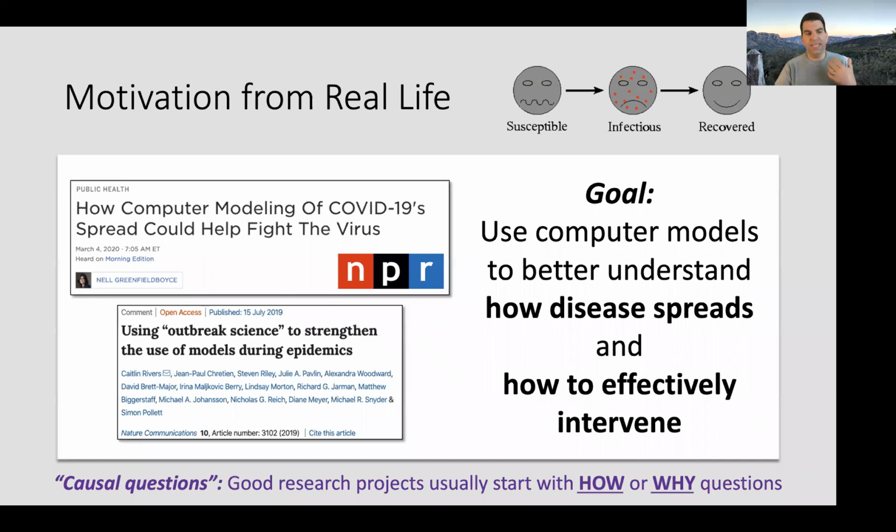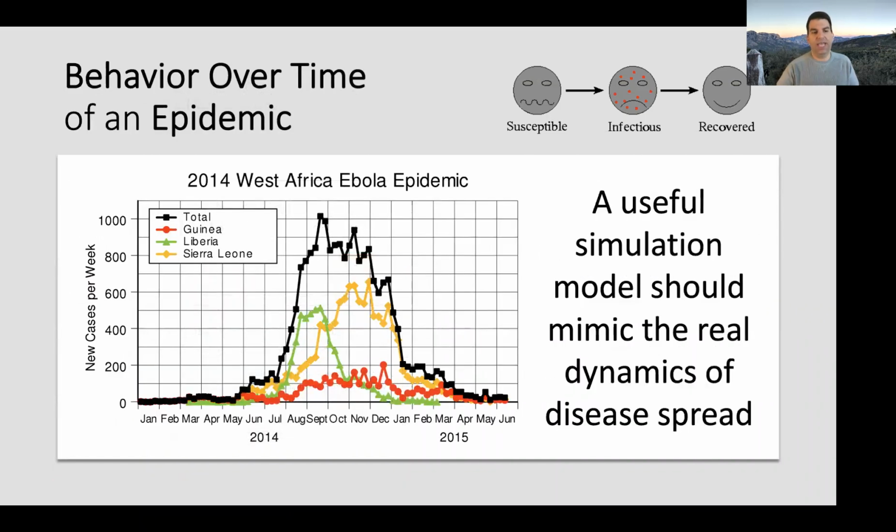If you look at patterns of disease spread, and this is not even COVID, this is the 2014 Ebola epidemic, and there's also Ebola coming out this year, you can see that in different areas of Africa, you've got a very similar infection peak. And if you are looking at positivity rates and things like that for COVID-19 in this country or in the world, you see similar sorts of patterns.